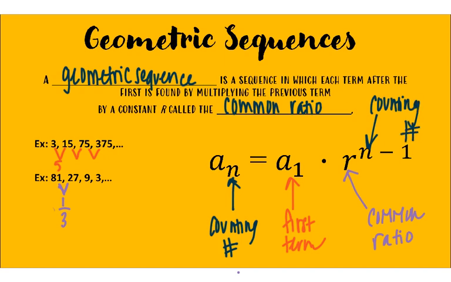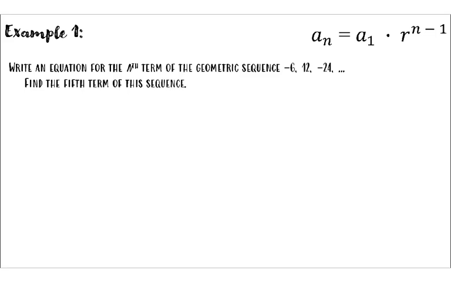All right, let's jump into an example. In example 1, we need to write an equation for the nth term of the geometric sequence -6, 12, and -24. And then once we write that equation, we need to find the fifth term of this sequence.